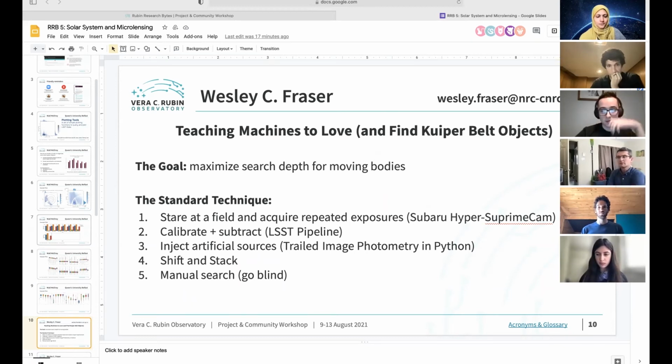Hello. Ever since my thesis, I've been doing these deep moving object searches that basically use the same technique I've been using for the last 20 years: stare at a field with a wide field camera and take repeated imagery. Then after calibrations, which recently we've been doing using the LSST pipeline and injection of artificial sources for moving object detection, we shift and stack the imagery at rates of motion consistent with the expected rates of objects of interest.